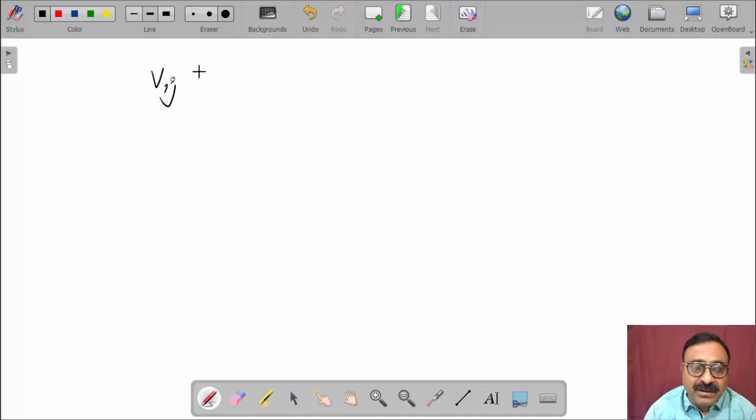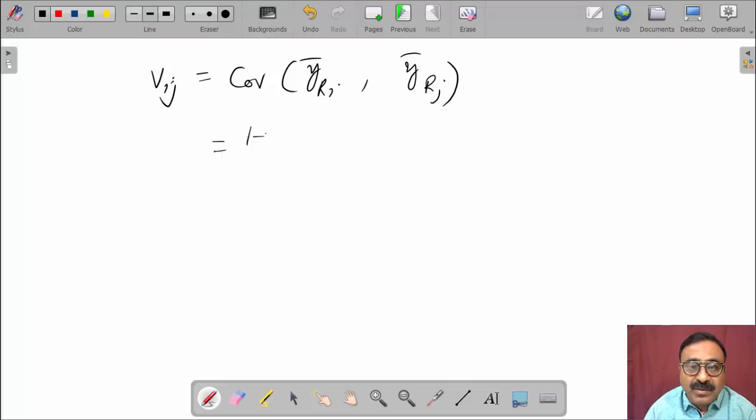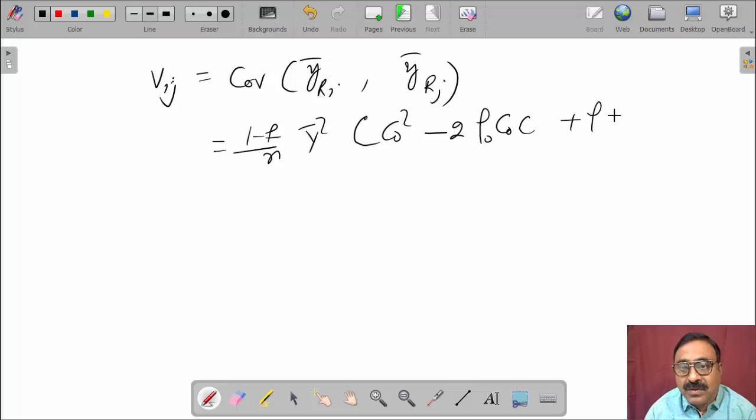Now Vij, that is equal to covariance between y bar ri and y bar rj, that is equal to (1 minus f) by n times y bar square. This is c0 square minus 2 rho 0 c0 c plus rho c square, that is equal to say lambda.